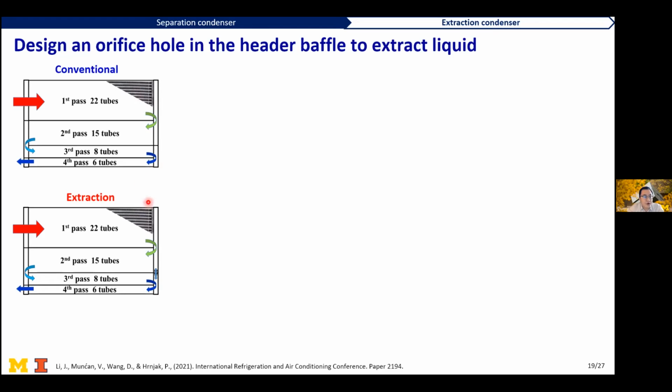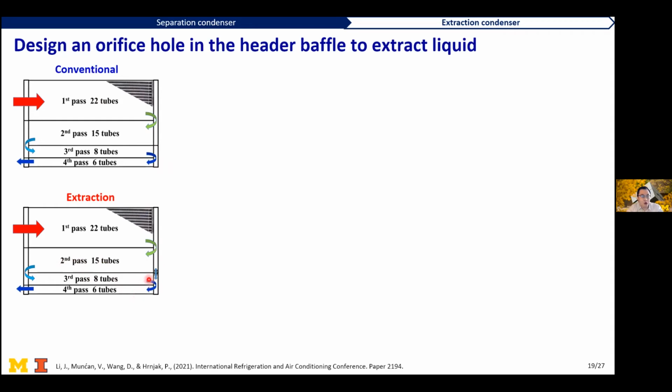So basically, our design creates an orifice hole in the header baffle for the second header, and lets the liquid be extracted through the orifice hole and essentially bypass the second and the third passes and enter directly into the fourth pass.